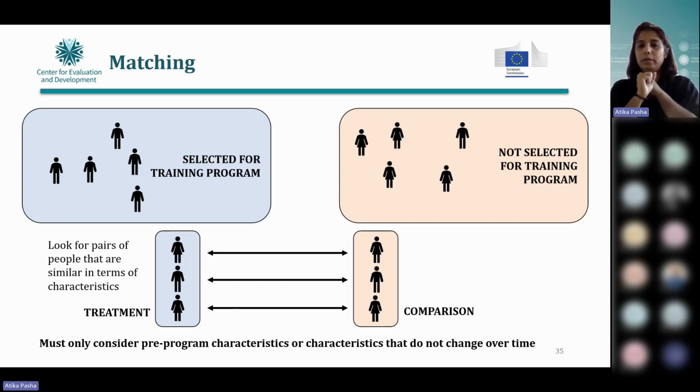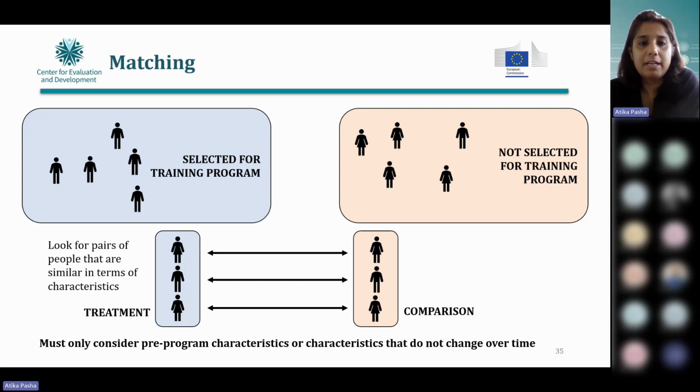On average, you would try to ensure that the individuals you're matching are similar in, let's say, gender, employment status, wealth status, well-being, etc.